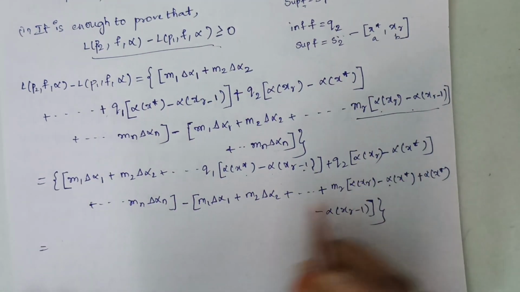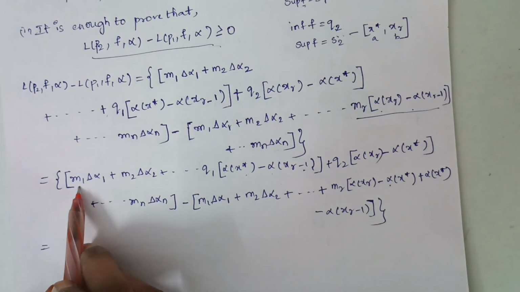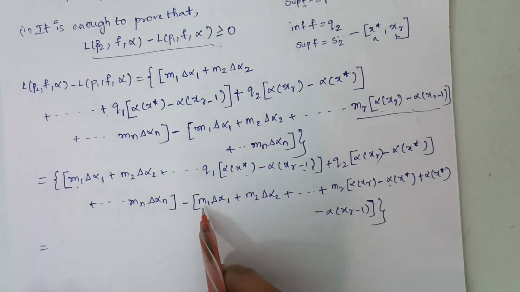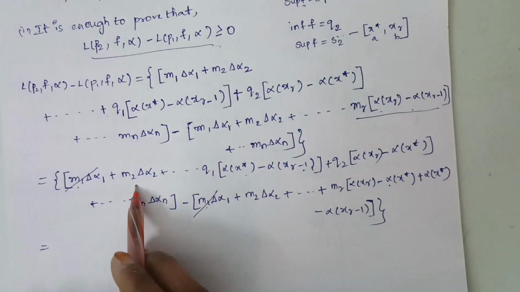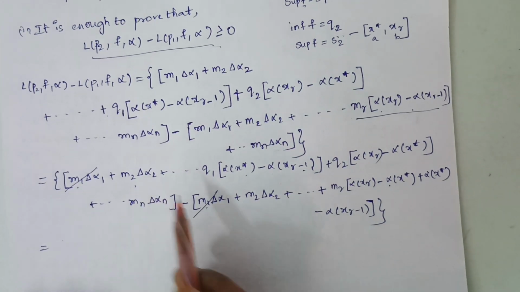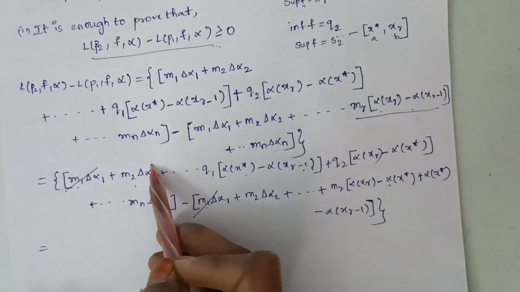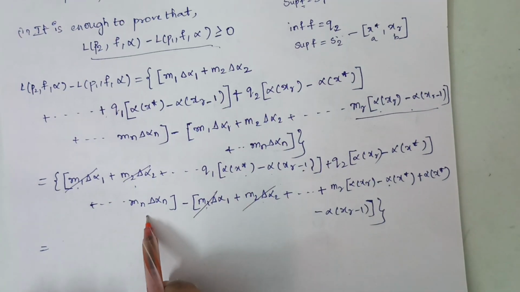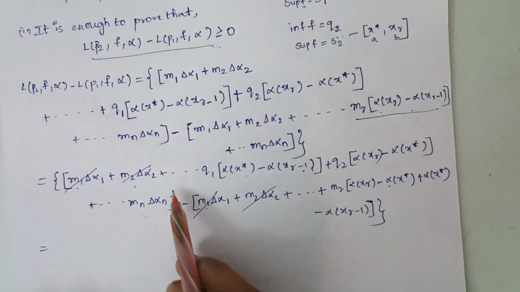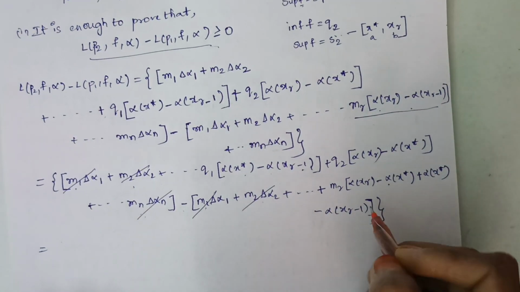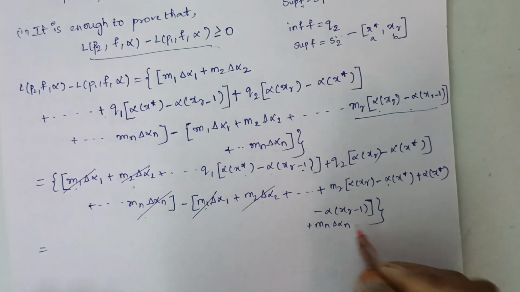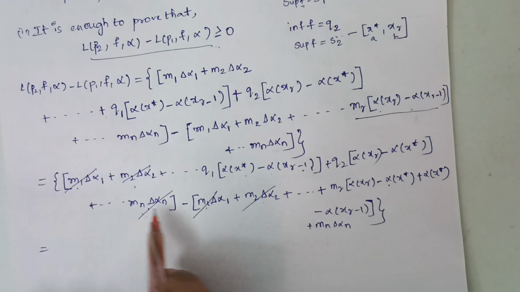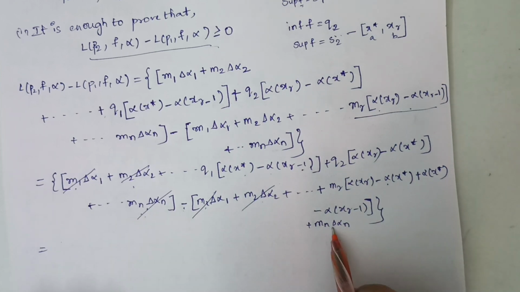And now from these terms, M1 delta alpha 1 minus M1 delta alpha 1 cancel, M2 delta alpha 2 plus and minus M2 delta alpha 2 cancel, plus Mn delta alpha n and minus Mn delta alpha n cancel.